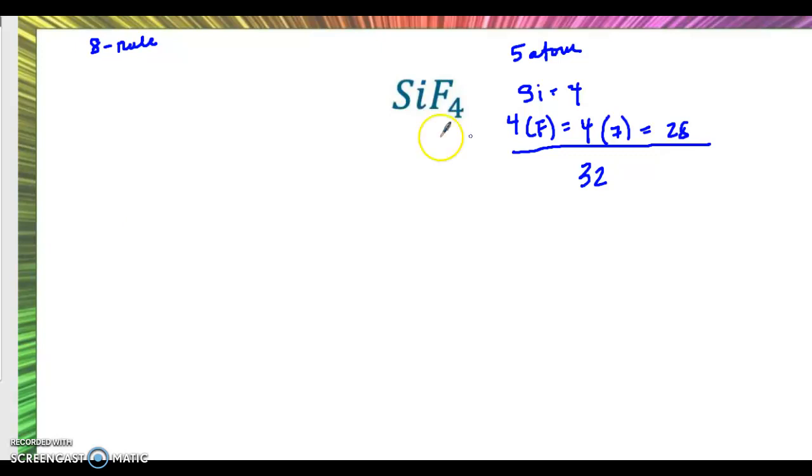Okay. So I know silicon's going to go in the center. I know silicon needs to have an octet of electrons. That's what's driving all of this. So I'm going to put 8 electrons on silicon since it's in the middle, and I know it likes to make 4 bonds. And the only thing it can attach itself to, the only thing we have, are fluorines, right? I'm going to draw this over here at the same time.